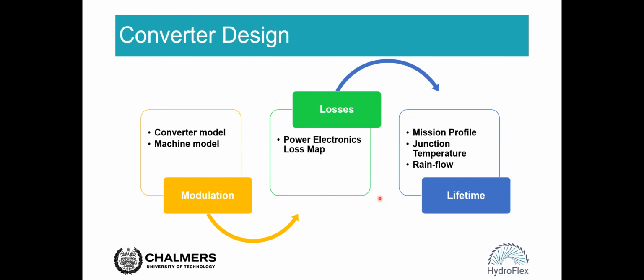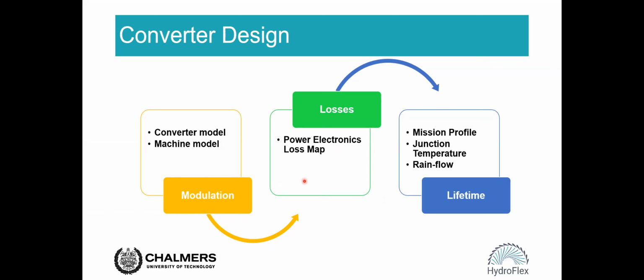So if we jump back to our target in this project, which is to design a converter which can have up to 30 starts and stops a day. That means that if we have different converter models and different modulation techniques, we can create a different power electronics loss map.